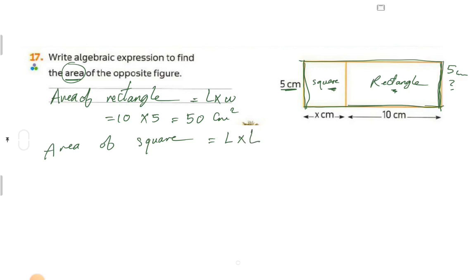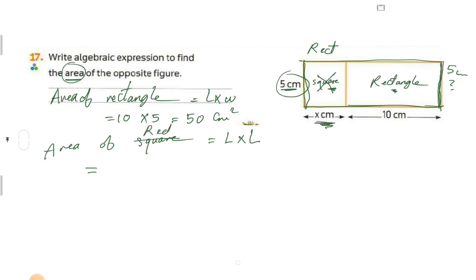Side length times itself. So what's the side length? Here we don't know that length. We said this shape is a square but I have just one dimension. That's the wrong name. I don't know if 5 equals x or not, so it will be another rectangle.